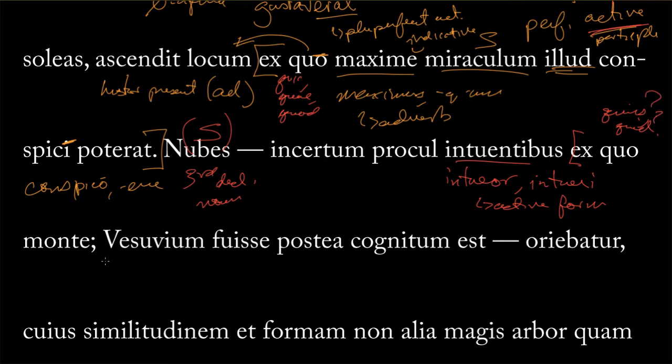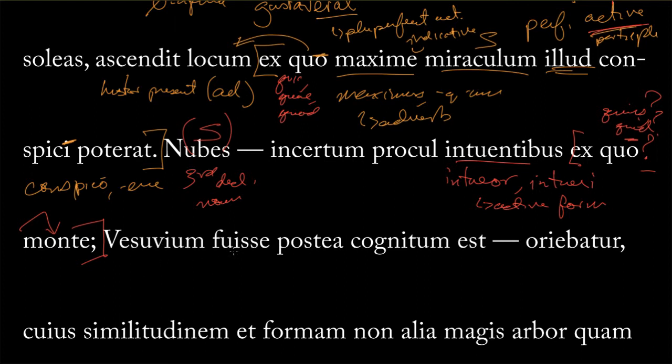So this is a contained question, not from which mountain, it's from which mountain. So there's a question at play here. This isn't referring back to any antecedent. It doesn't modify incertum. It modifies monte. It moves that way to modify which mountain. From which mountain? That was uncertain to those looking on from far off.